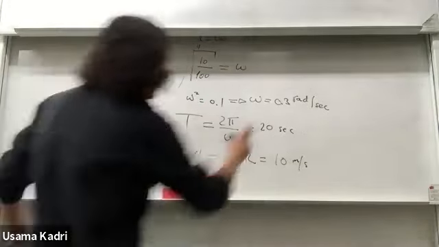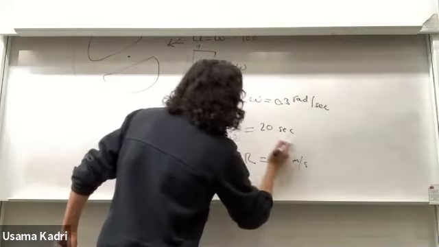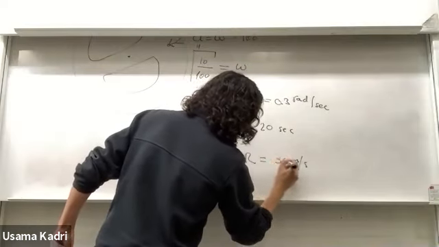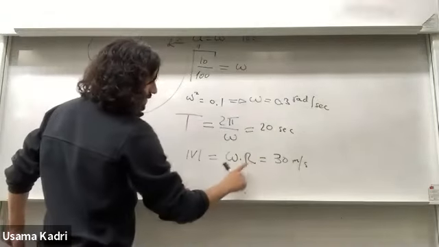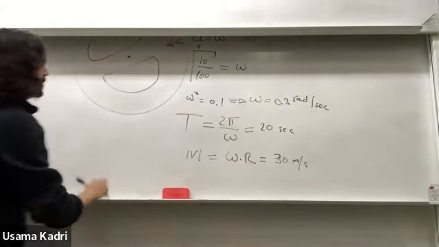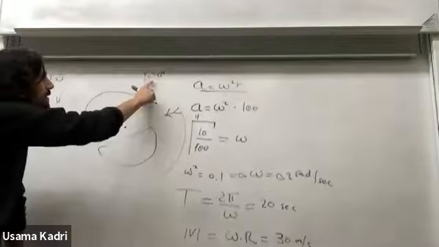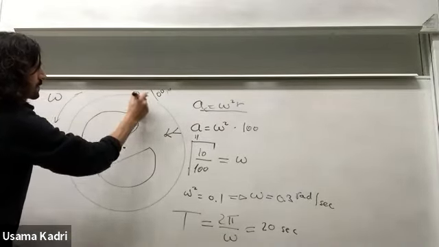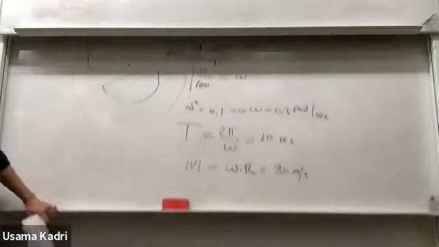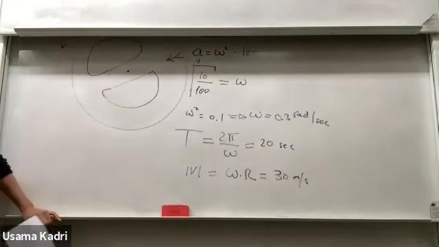Which is 30 meters per second. Yeah, 0.3 times 100, R is 100 meters, right? These numbers are not so bad.